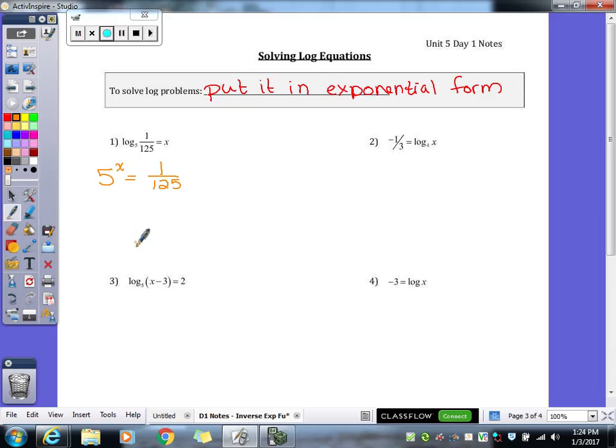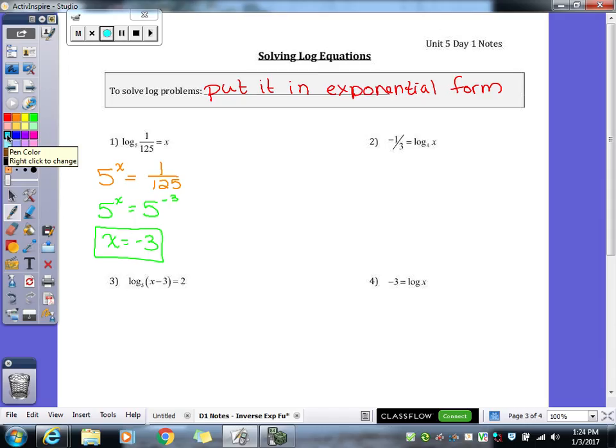So it's going to equal 1 over 125. So this is like what we were doing for our warm-up. We got to get the same base. So 5 to what power is going to give me 125? The third. And since it's a fraction, I need to rewrite this as 5 to the negative 3 equals my 5 to the x. So then what's our answer end up being? X equals negative 3. So it's kind of like what you were doing with our evaluating, only they already had it set equal to x for us.